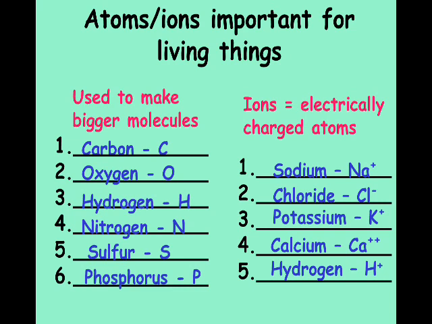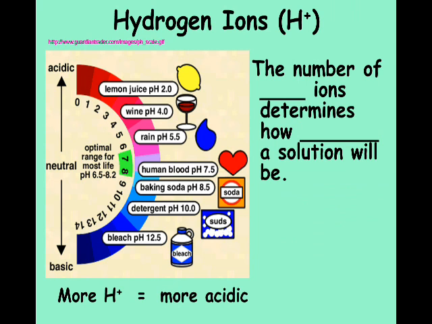The last one we're going to talk about is hydrogen. And notice we already had hydrogen over on the other side in the atom column, but hydrogen can also exist as an ion, hydrogen ion, H+. Hydrogen ions are something you also learned about in middle school when we talked about pH, how acidic something is.